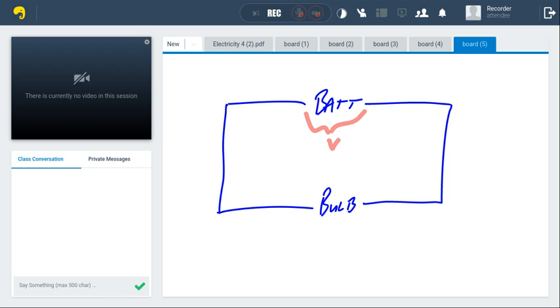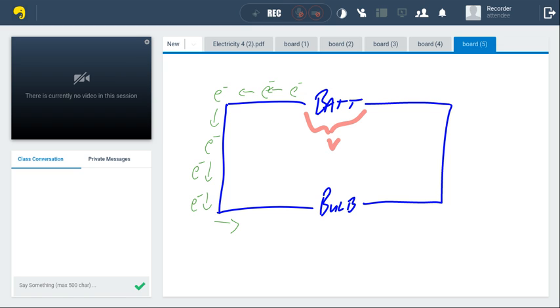So what's going to happen is the little electrons are going to go around. And so the electrons go around the circuit. As the electrons go through the bulb, there's something different about the bulb compared to the normal wire that we were going around.